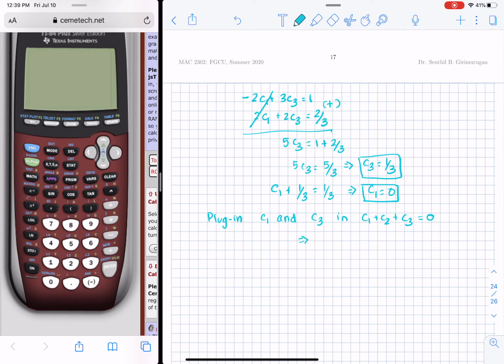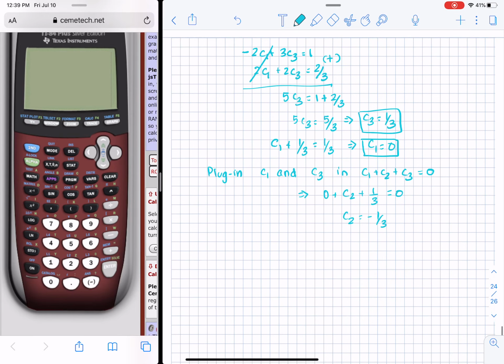That would imply 0 plus c2 plus 1 over 3 equals 0. So c2 is negative 1 over 3.